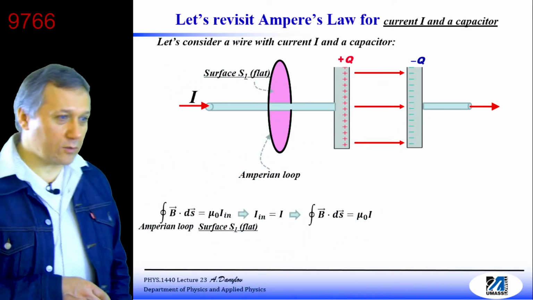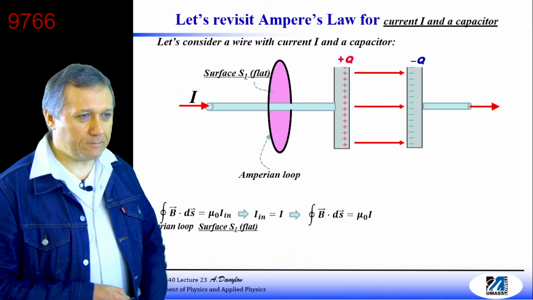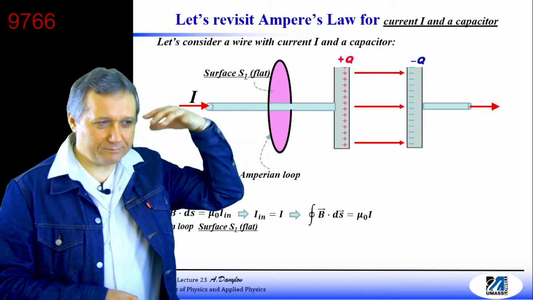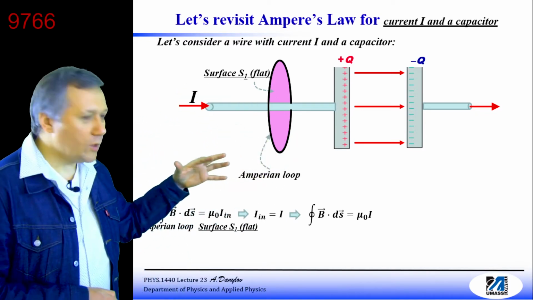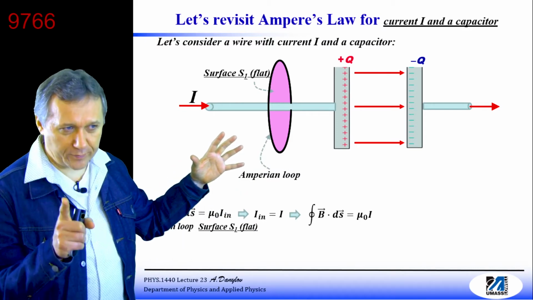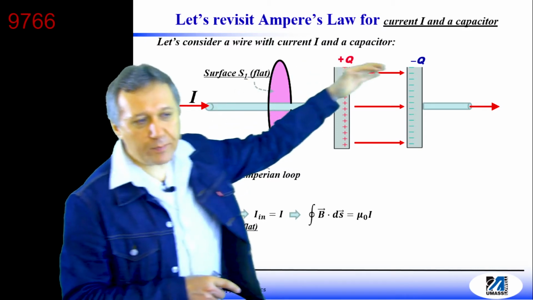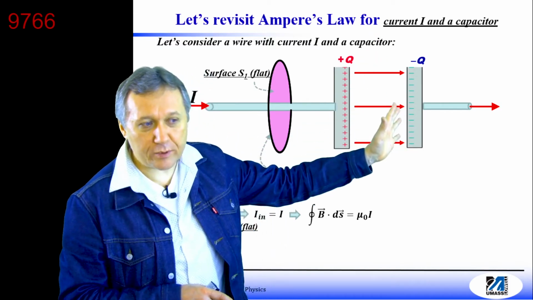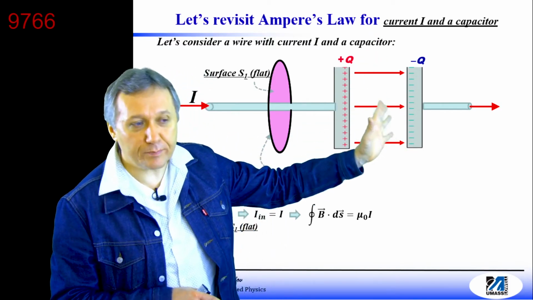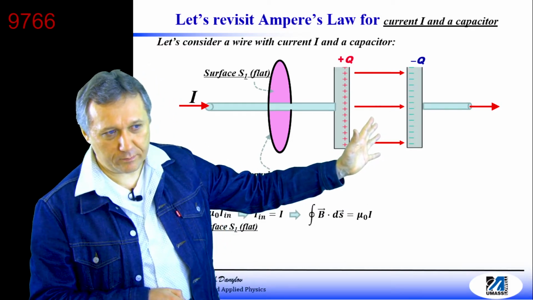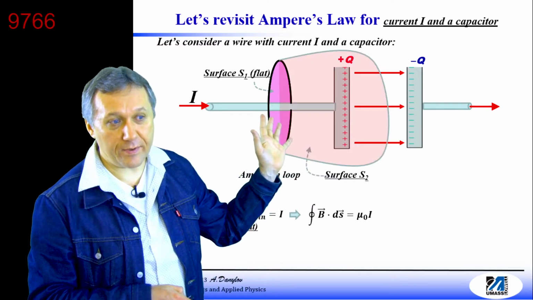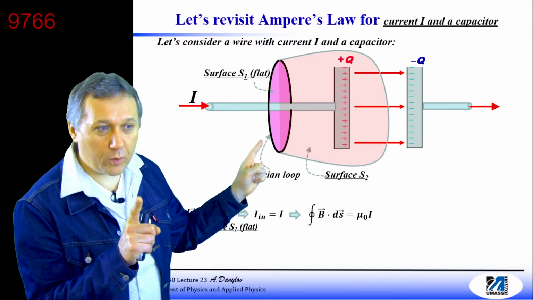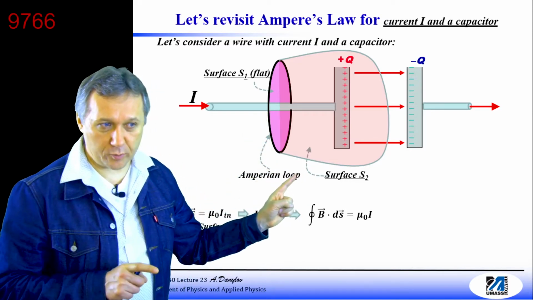But you know, Faraday said, wait, not Faraday, Maxwell said, you know what, it's too simple. He overcomplicated stuff significantly more. He said, what if I pass my surface through the gap between the plates of the capacitor? For example, like this. And you must understand that this surface ends on the Amperean loop.